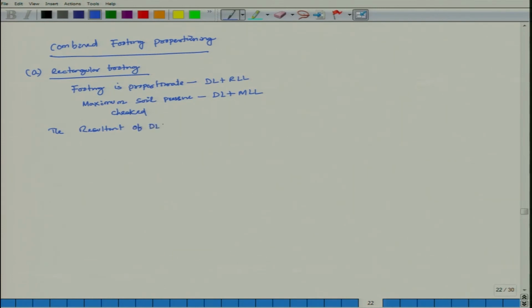Then the resultant of dead load plus maximum live load is in any case eccentric to the CG of actual footing with rounded off dimensions.